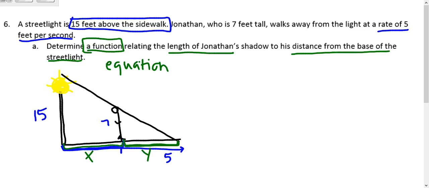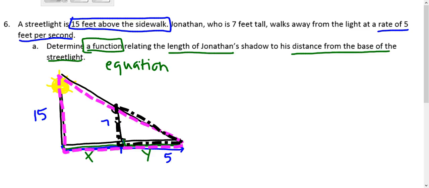We have two unknowns, and those are the two that we're relating, which is why we're giving them variables. If we write this up, we can see that there are two triangles: right here a bigger triangle, and here a smaller triangle.